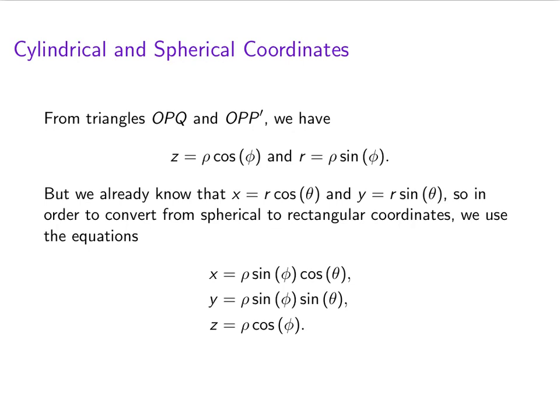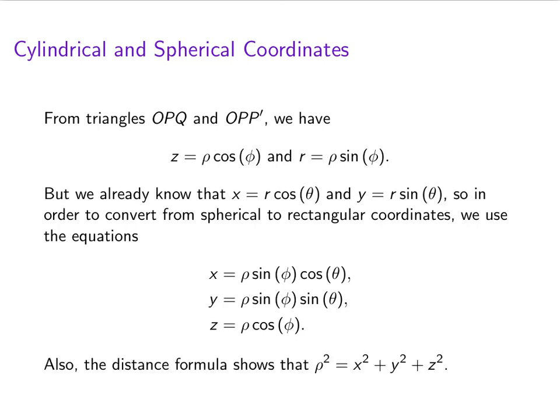We take x equals r cosine theta and replace r with rho sine phi. Same thing with y. We take y equals r sine theta and replace the r with rho sine phi. So now we have x equals rho sine phi cosine theta, y equals rho sine phi sine theta, and z equals rho cosine phi.